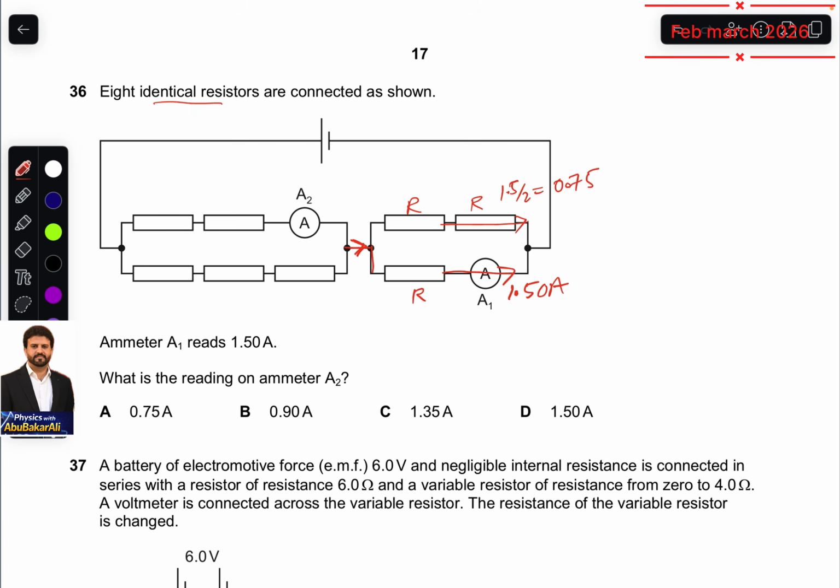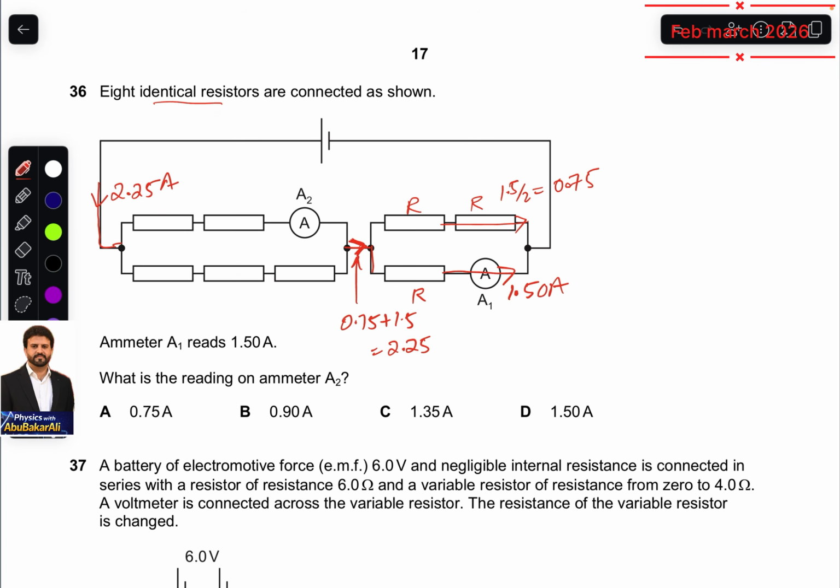So the total current coming from here will be 0.75 plus 1.5, that will give you 2.25. Okay, so the same current will be coming from here, that is 2.25. Now we can deal with this part.